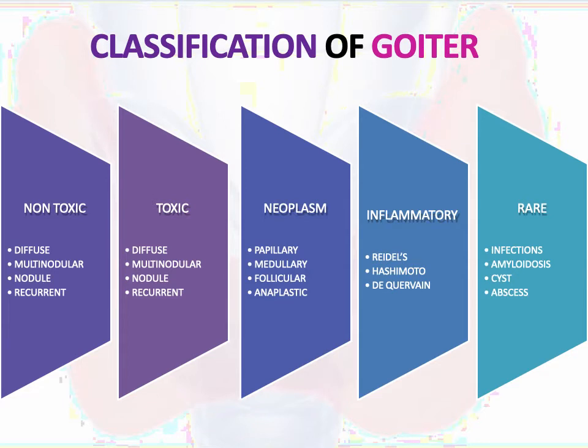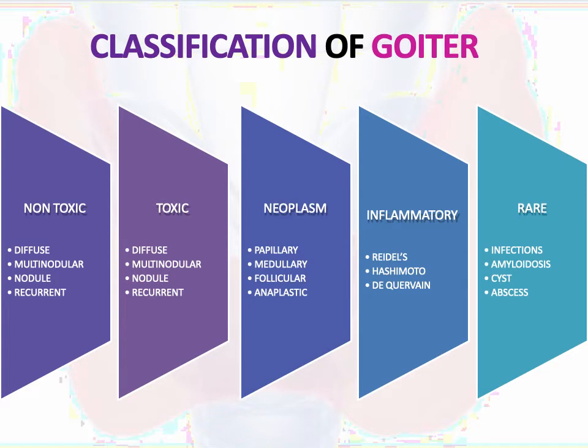Toxic or non-toxic, both can be diffuse. Diffuse means whole enlargement of the gland, not a part of it, whole. It will be similar, or it may be multinodular in both types, different nodules, or it may be a single nodule, or it may be recurrent, right? So what you have to do is see first whether the patient is non-toxic or toxic.